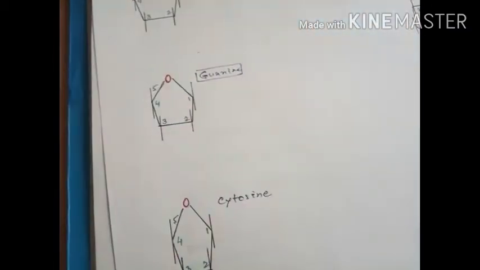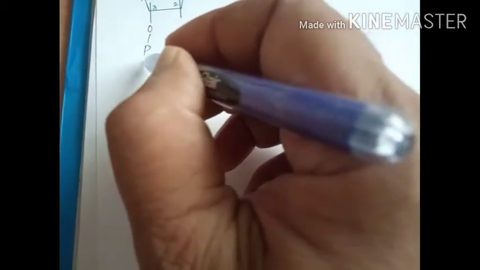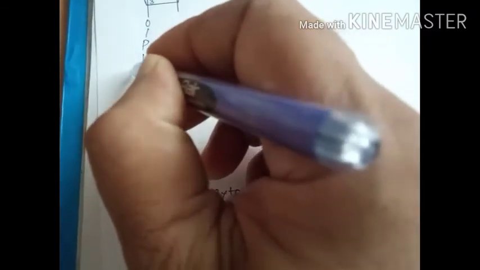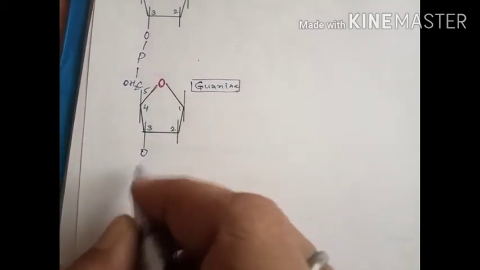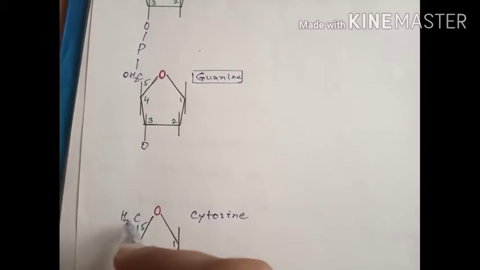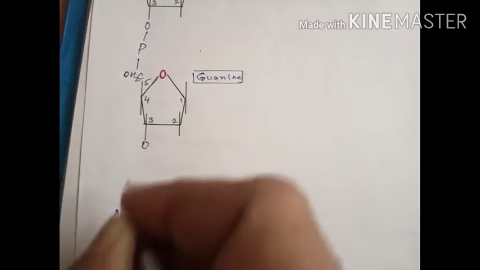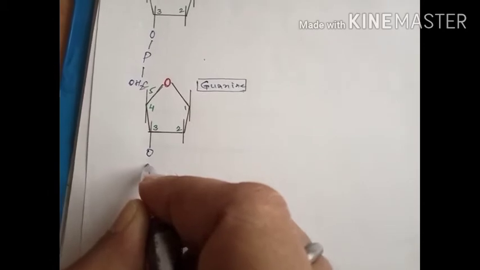Likewise, at the 3' position, it would be joined to the phosphate group. Likewise, it is forming a chain, so that we have made a single strand, or a polynucleotide.